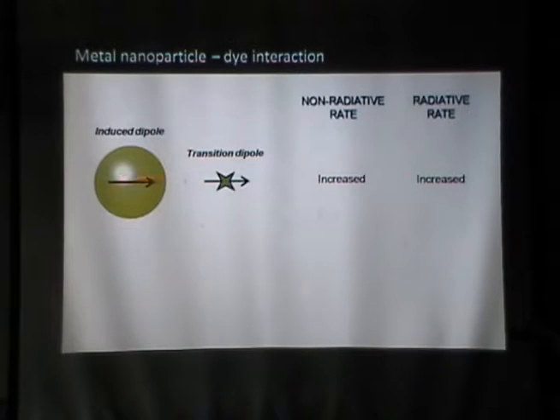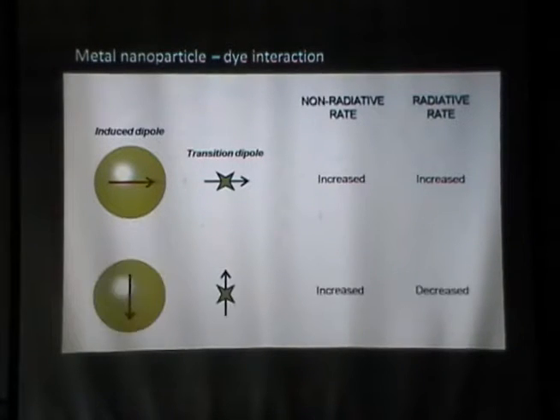So these two work together in the same direction, and then the emission will be enhanced. But if the molecule is rotated 90 degrees relative to the nanoparticle, the induced dipole in the metal has this direction, and now you have these two dipoles working against each other. So in this case, the fluorescence will be suppressed.